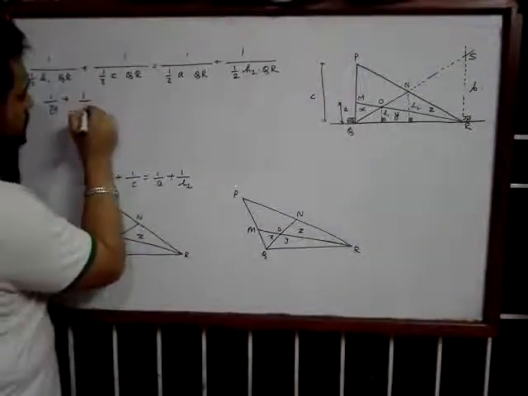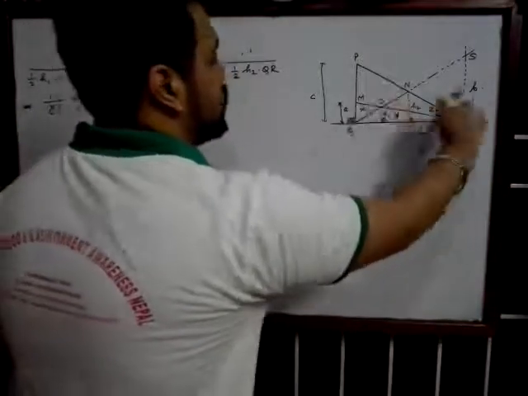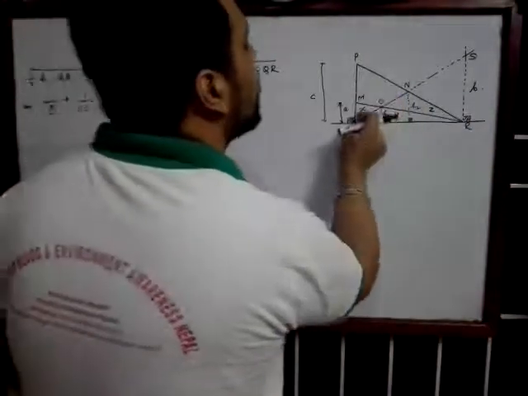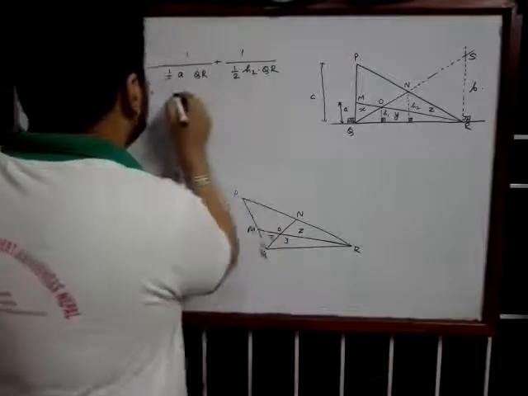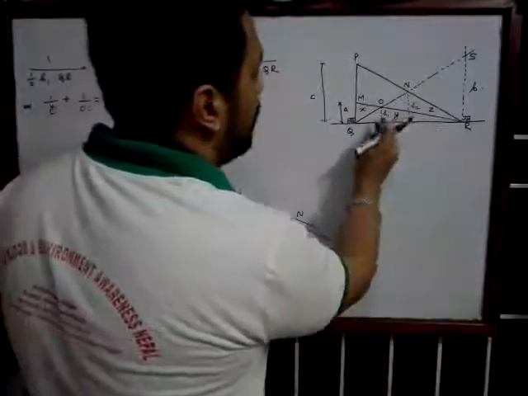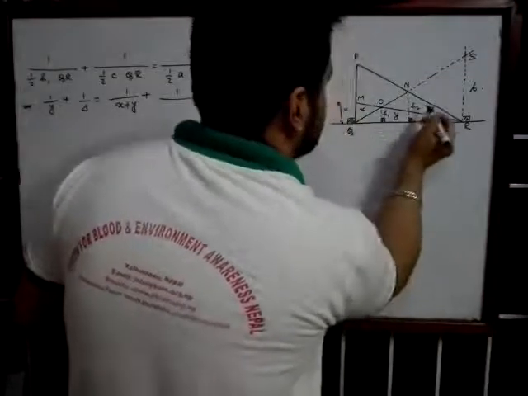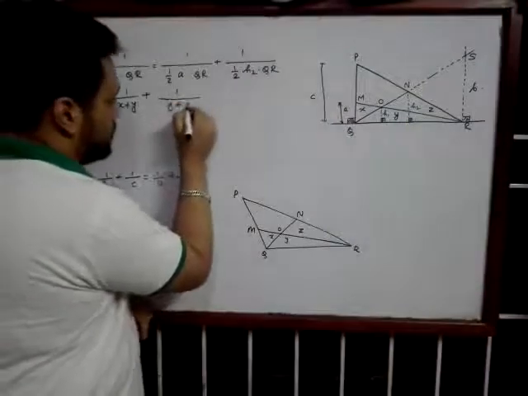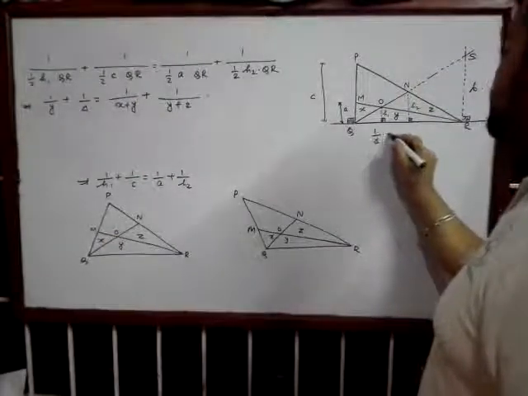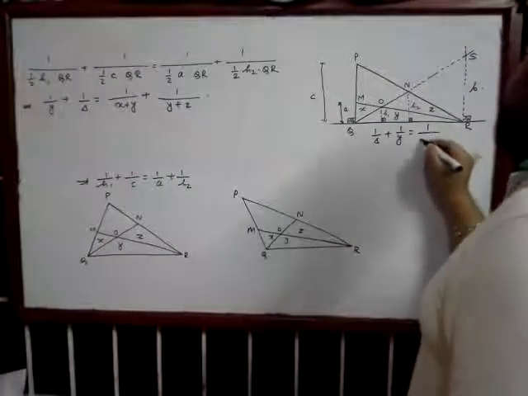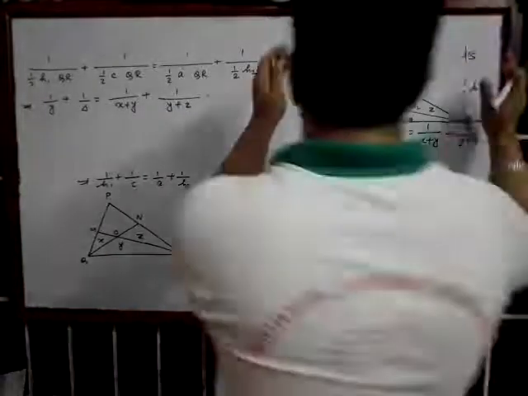So 1 by delta is equal to half A into QR, which means this triangle, x plus y, plus half H2 into QR, which means this triangle, y plus z. So the ladder theorem holds in this case: 1 by delta plus 1 by y is equal to 1 by x plus y plus 1 by y plus z.